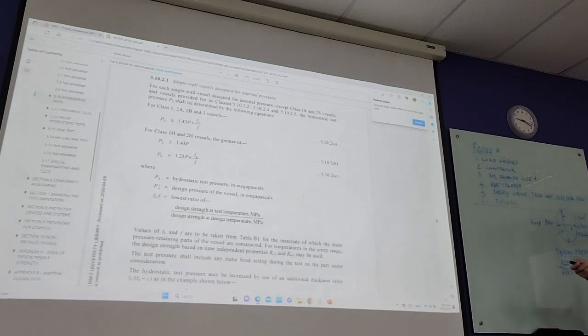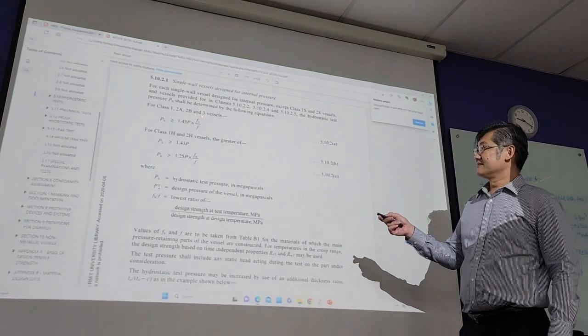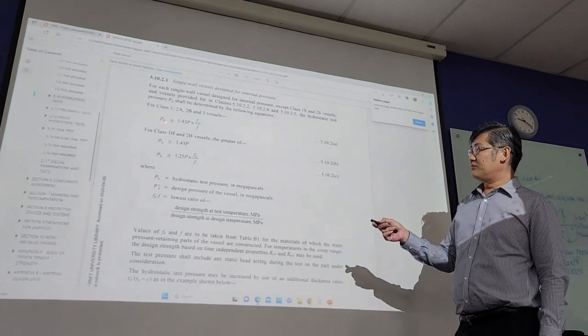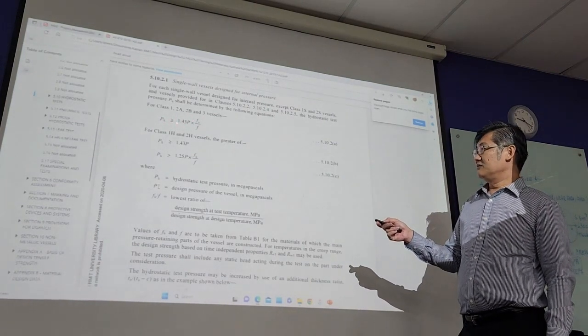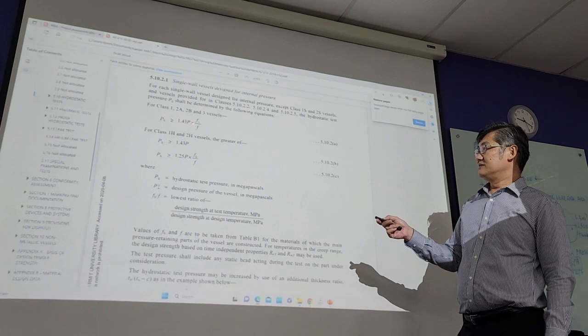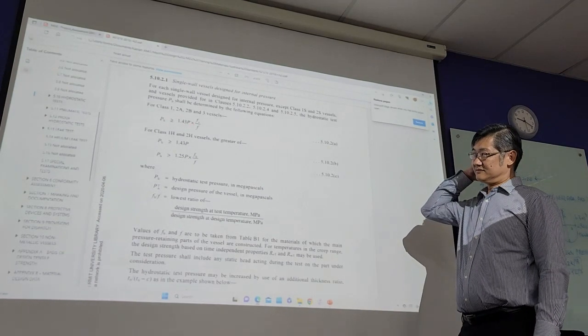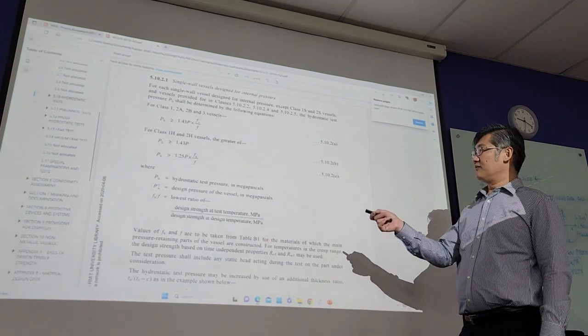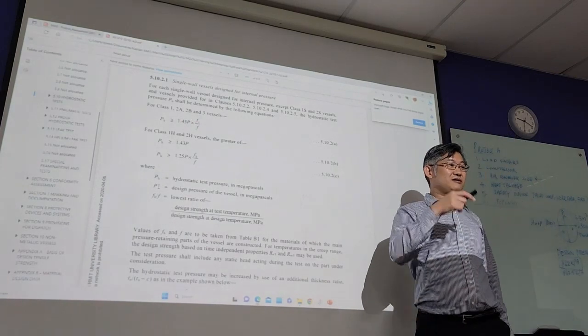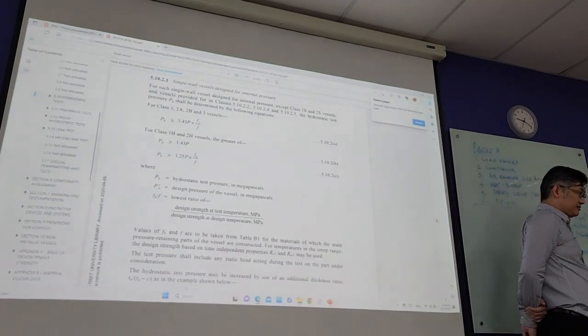For class 2A, ours is 2A, hydrostatic pressure must be greater than or equal to 1.43 times design pressure. Now, can you calculate what the static pressure is?